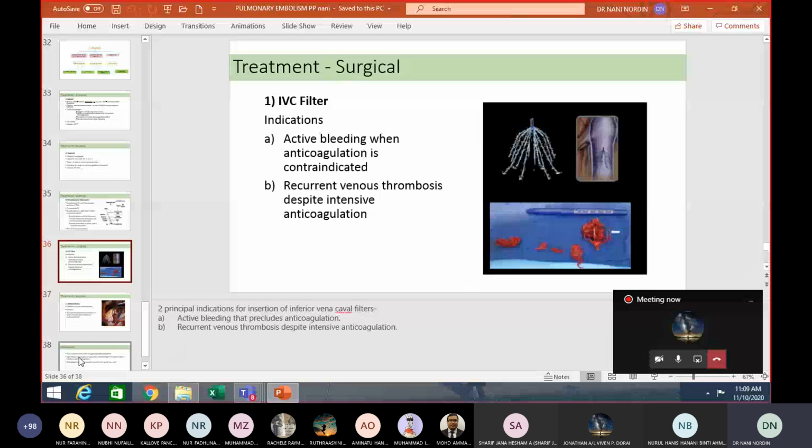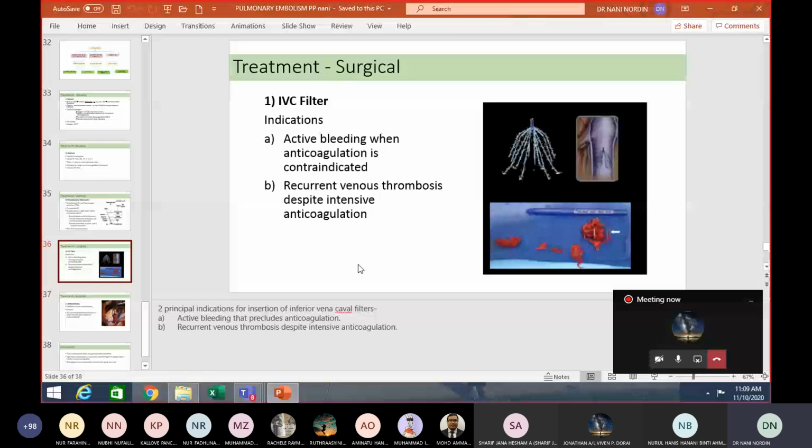So those are the main ones. Others, we talk about the IVC filter. This is how it looks. You can give the filter if you cannot give anticoagulation. The indication is if you cannot give anticoagulation, for example, in a patient with active bleeding, or a patient with recurrent thrombosis despite anticoagulation.